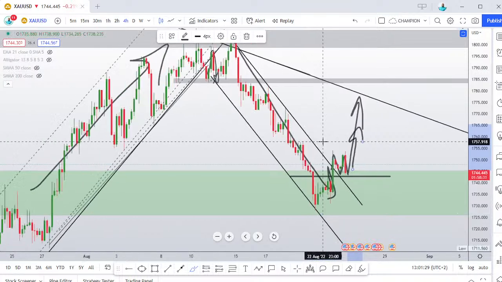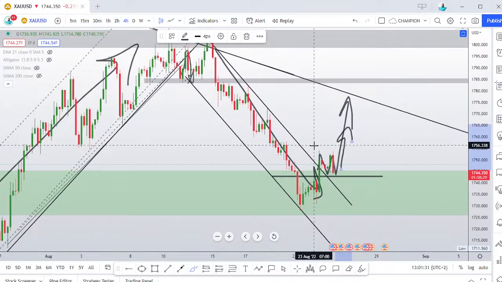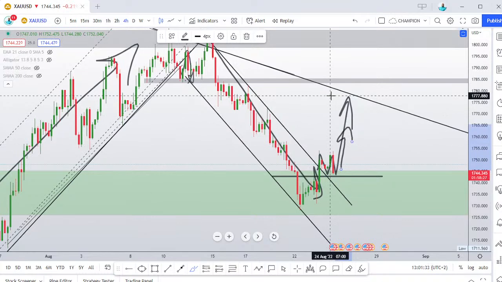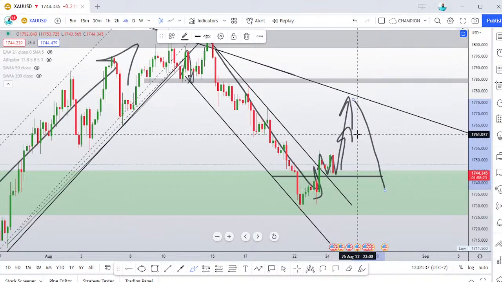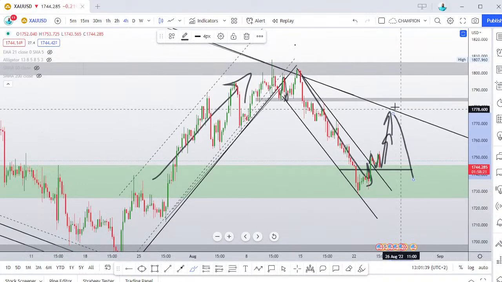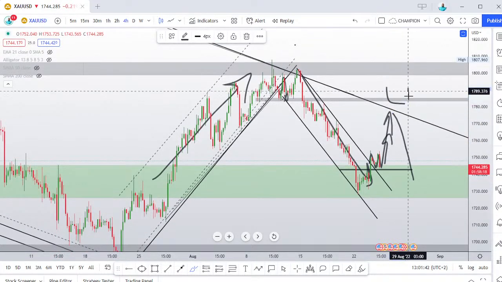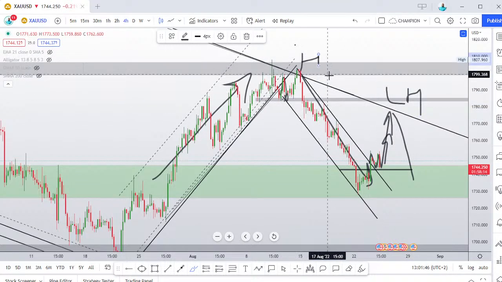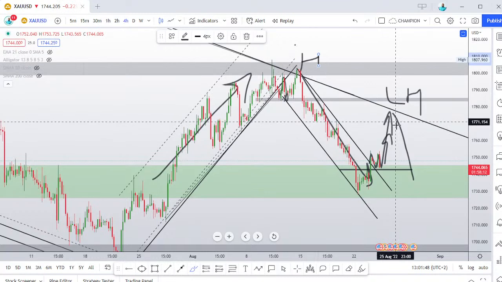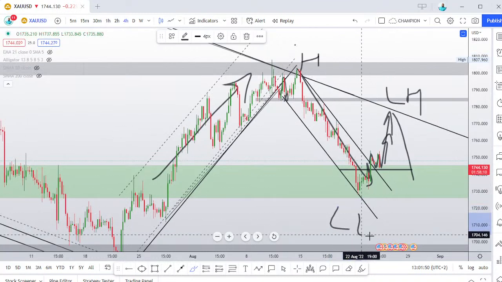One thing that I want you to notice is that gold has to form another turning point, which would be our lower high. This is the highest point there, lower high, and this could be our lower low.